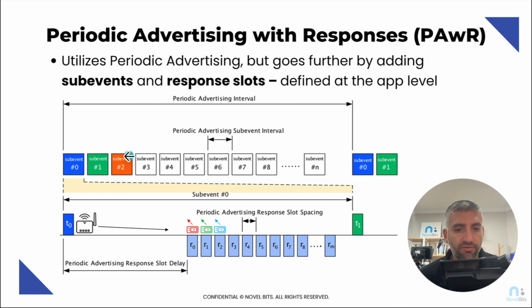So you could have devices receiving a number of sub-events. They could receive only one sub-event. This is where you can actually take things further by grouping devices together. This was primarily introduced for the application of electronic shelf labels, or ESLs.